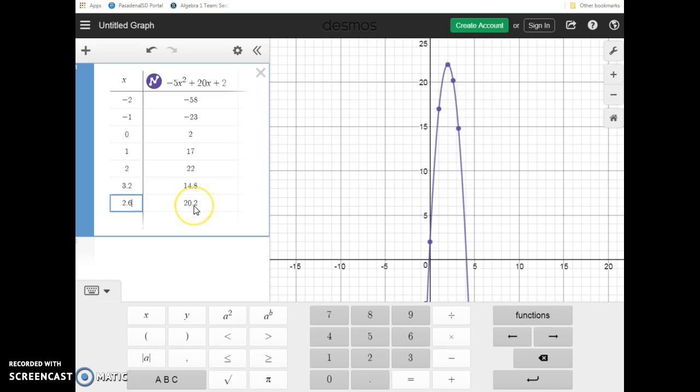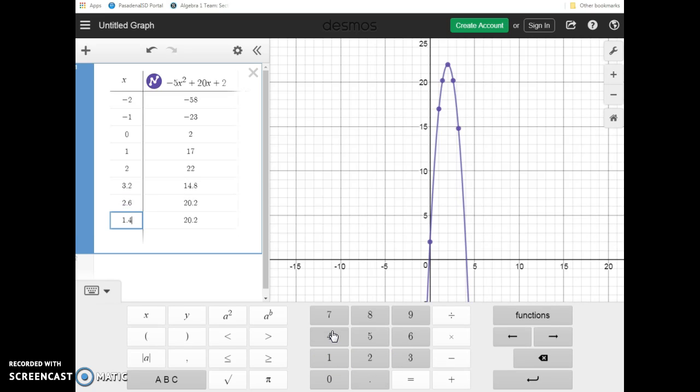And that might even be the answer if there's nothing that gives me a perfect 20. Letter C gives me 1.4. That's another 20.2. And then letter D gives me 0.5. So this one has two answers.